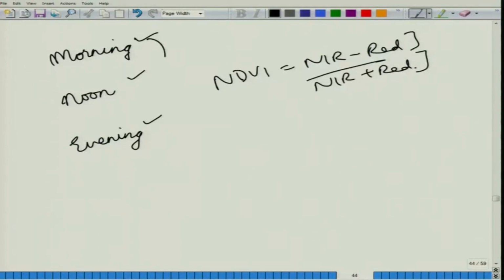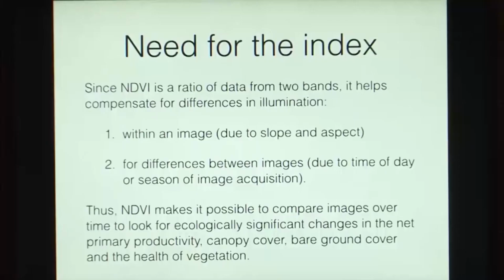So, you can compare the morning image with the noon image and with the evening image and so on. So, coming back to the slide, NDVI makes it possible to compare images over time to look for ecologically significant changes in the net primary productivity.